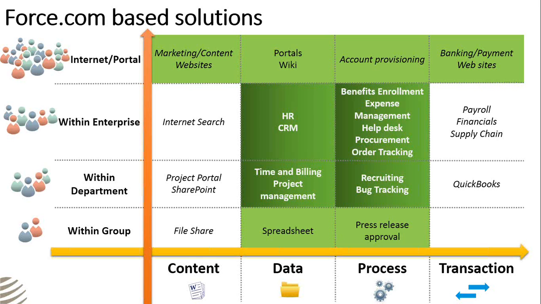And in transaction, it's sort of batch processing, running nightly processes. So these kind of areas are identified on the horizontal axis. And on the vertical axis, you can see the number of users going to use these applications. So from bottom to up, the number of users are increasing.